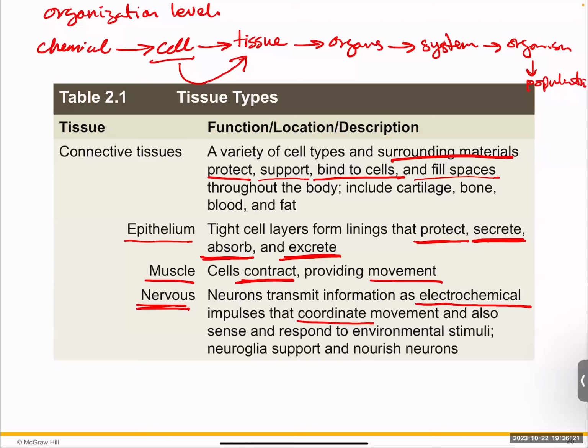I think of them as the leftover tissue, which is not true. They do a lot of jobs in our body. They include bone, cartilage, blood, fat. I didn't mention all of them, but there are things called areolar tissue and dense connective tissue, dense irregular connective tissue, which is found in your tendons and ligaments, etc. But again, understand that there are four major groups and the main functions associated with each of these four tissue types.